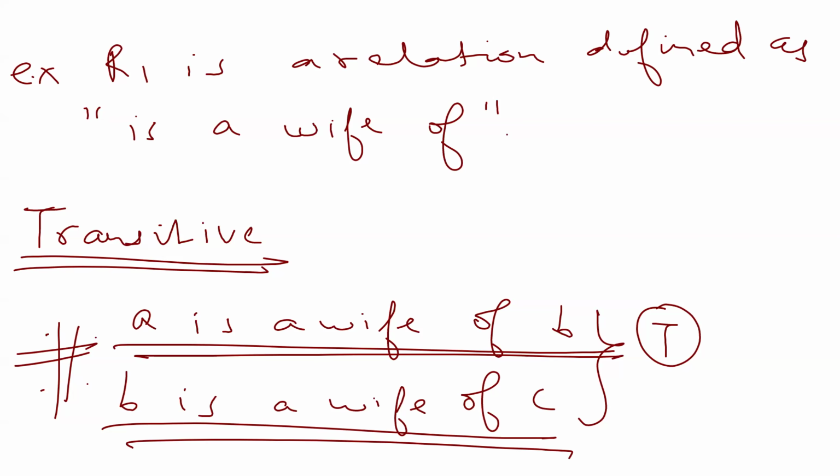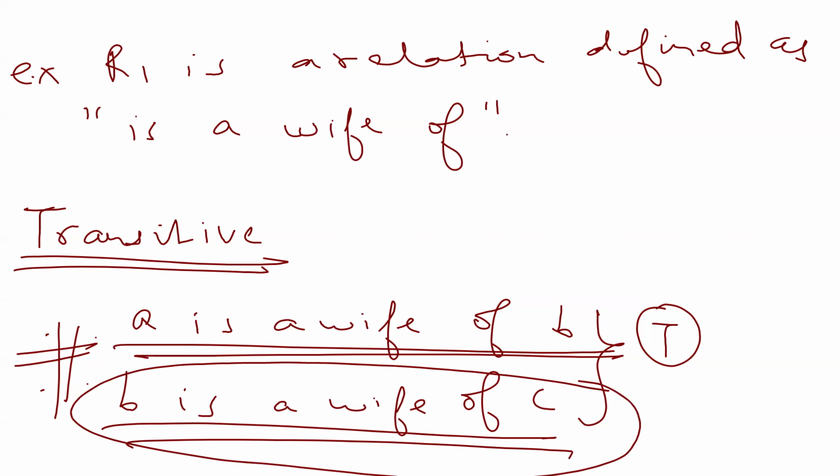But at a very initial level, the second statement is not true. So in this case, transitivity cannot be checked because this statement is highly inappropriate. So in the cases where we cannot check transitivity, we have to declare it is transitive.